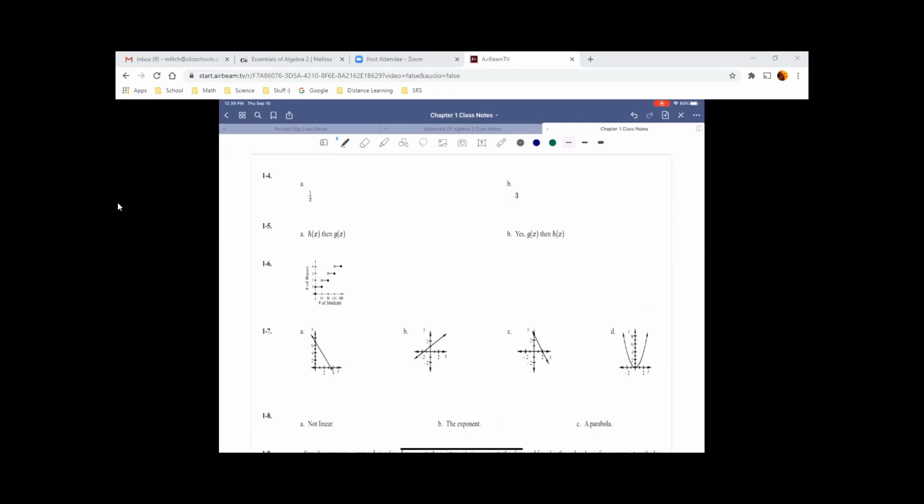Number 6, you really should know how to do number 6. It's just trying to get you to think about how it would look. The big thing is if you could get those little lines going through there.